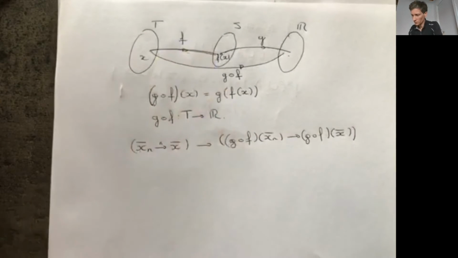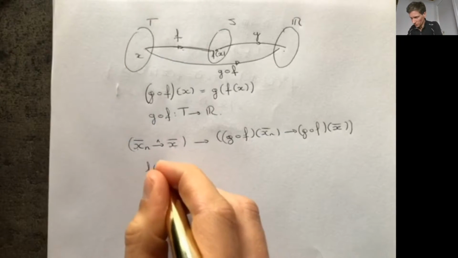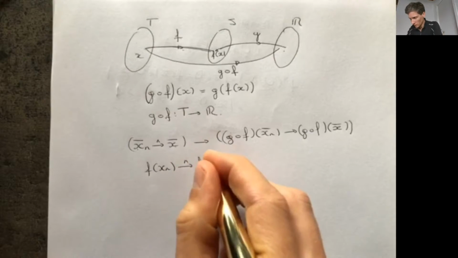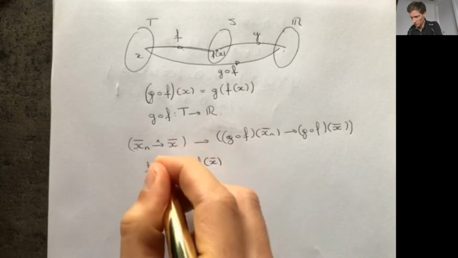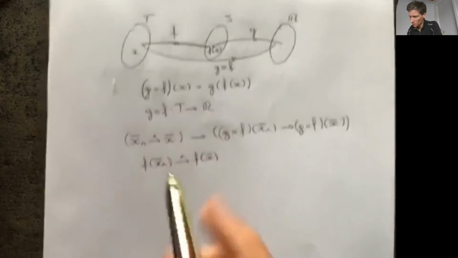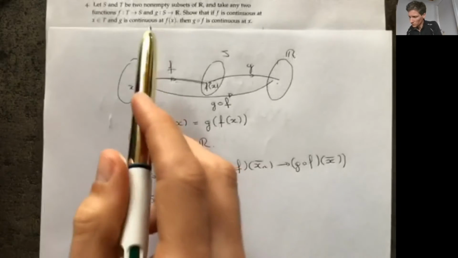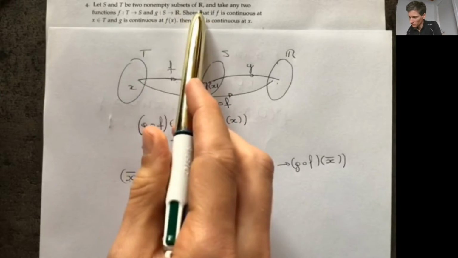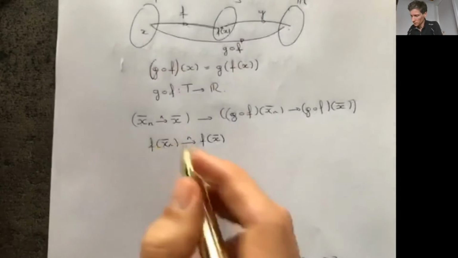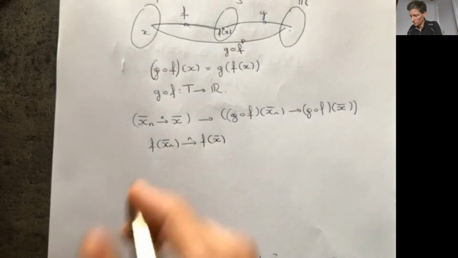Okay, so x_n goes to x. Well, we know that f is continuous, right? So this means that f of x_n converges to f of x. Basically we don't need to take vectors because they're subsets of R, so these are basically numbers.